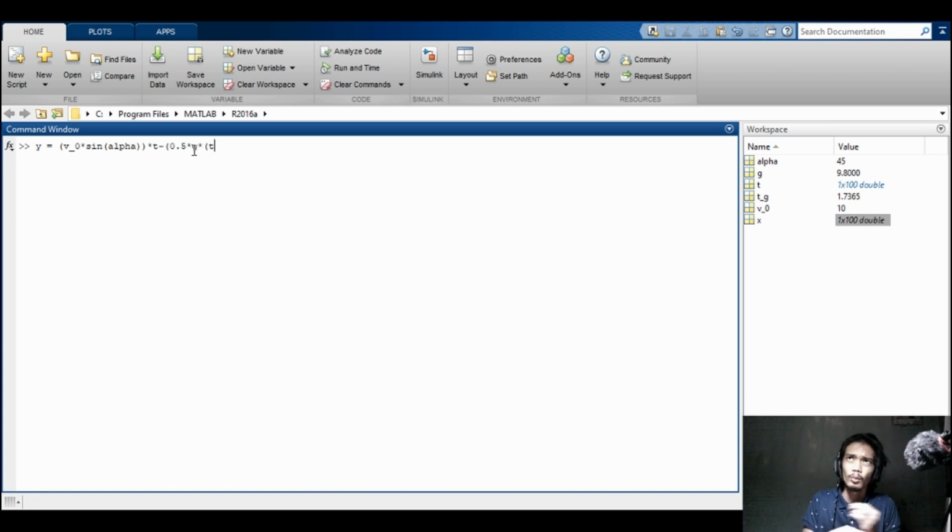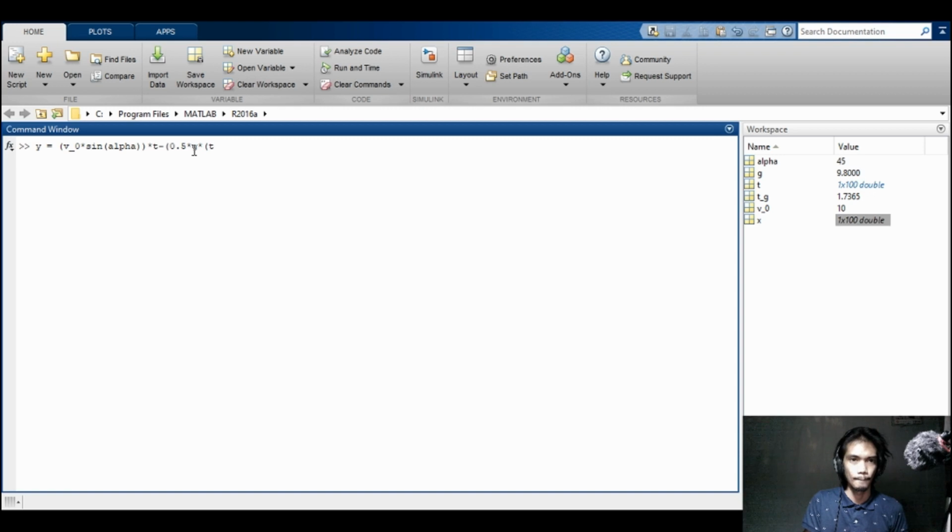Bakit natin i-element wise? Because pag t square lang alone, ang mangyayari is magkakaroon ng matrix operation na yung 1 by 100 i-multiply niya sa 1 by 100, which is impossible. No, diba? Dapat the same number of columns ng matrix A should be equal to the number of rows ng ating matrix B. So 1 by 100 multiplied by 1 by 100 is not possible.